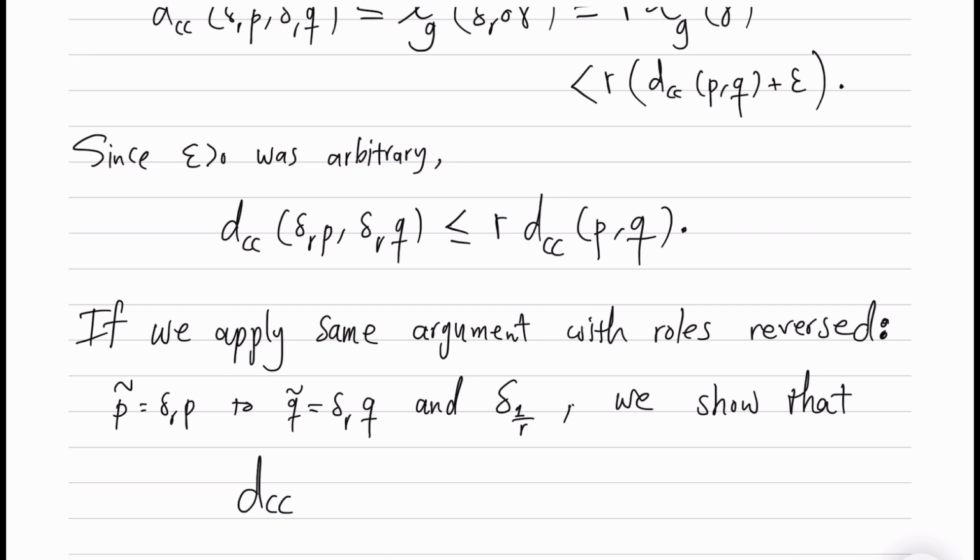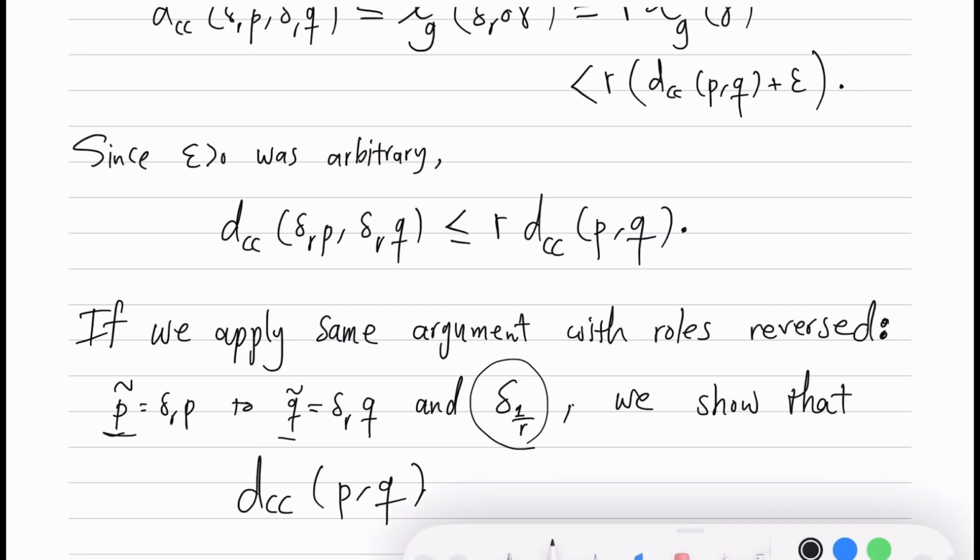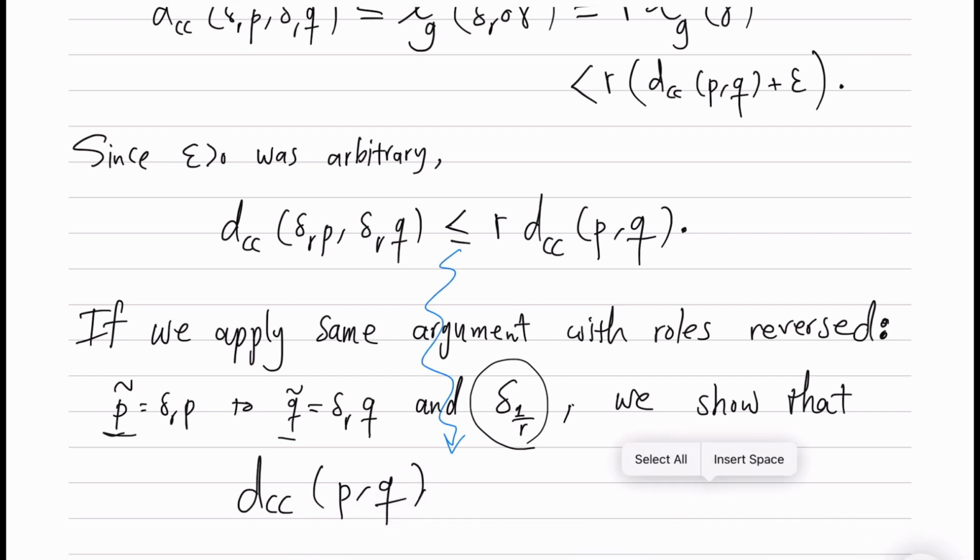We show that d_CC of p and q, that is after applying this delta to p tilde and q tilde. So I'm literally looking up here and copying down here. So this will be less than, with r being 1 over r, d_CC of the points that we start with, which are p tilde and q tilde. So that will be delta r p and delta r q.